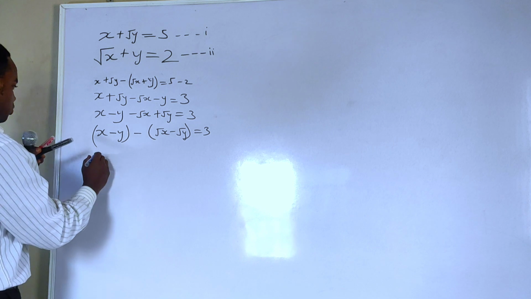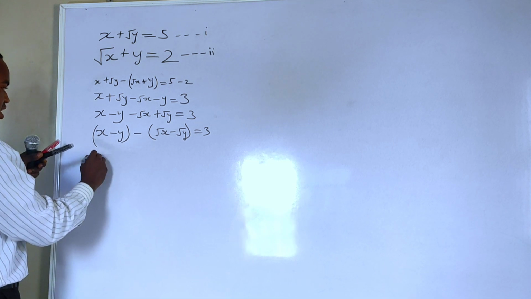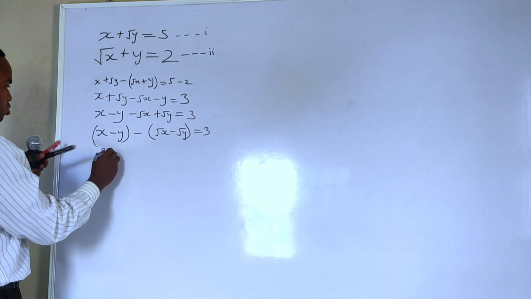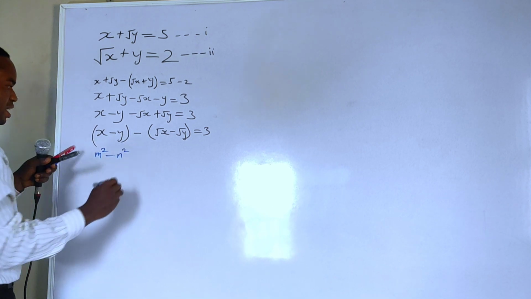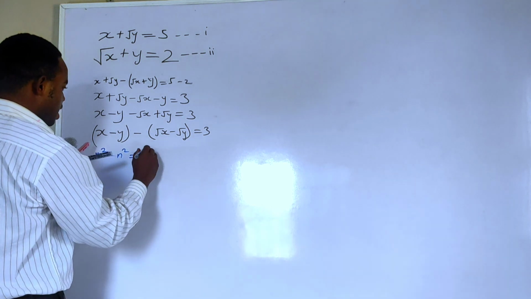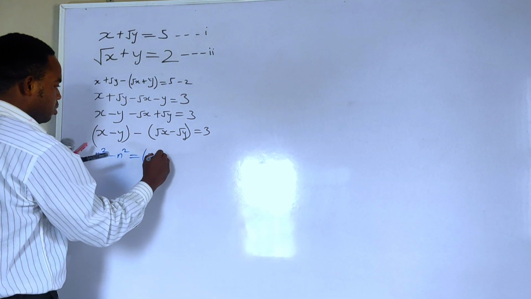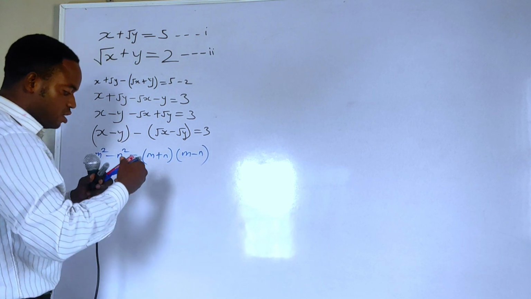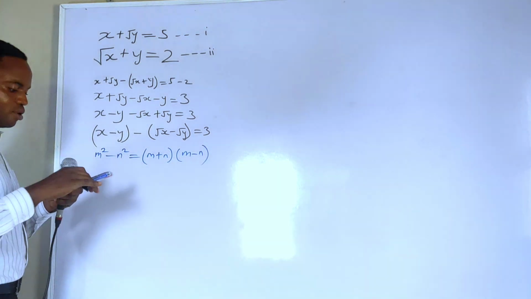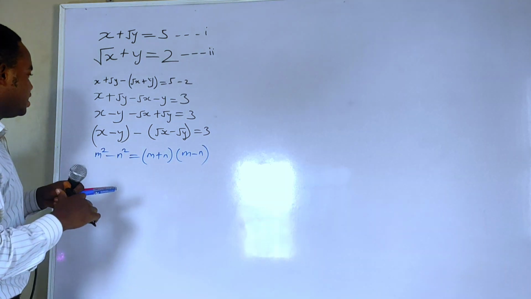You recall that if you have something like m raised to the power 2, and you subtract n raised to the power 2 from it, it's going to be the same as m plus n multiplied by m minus n. I hope you recall this property. Let's apply that here.